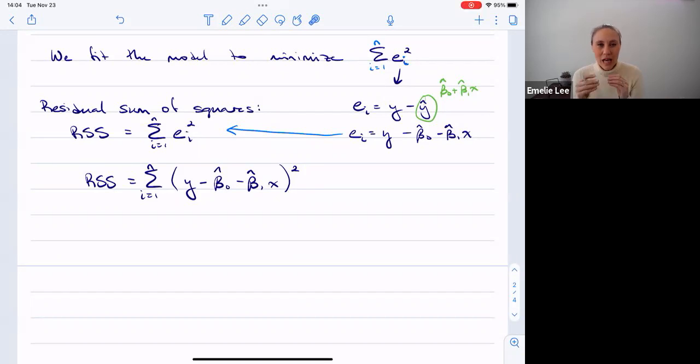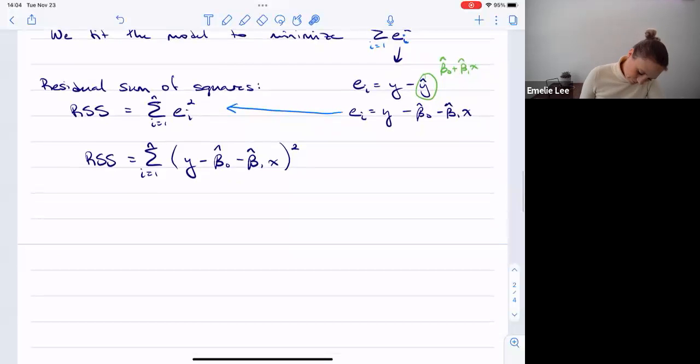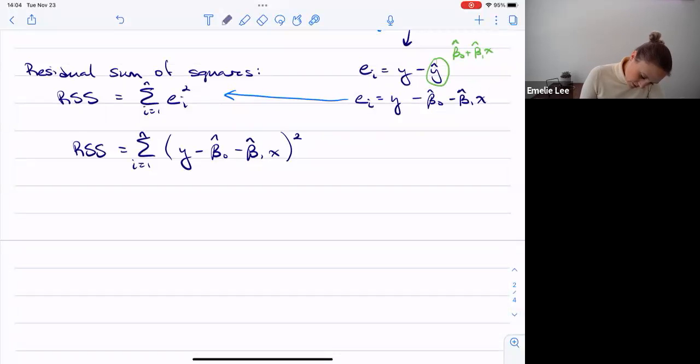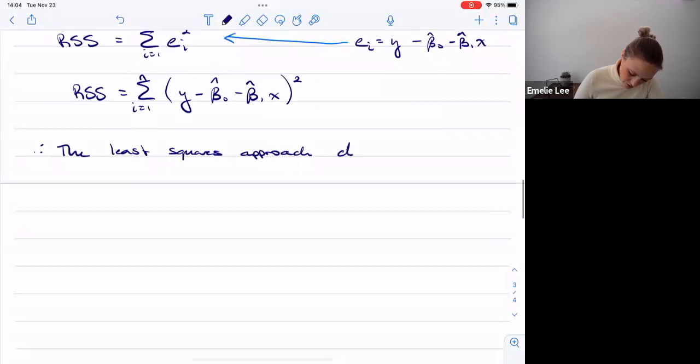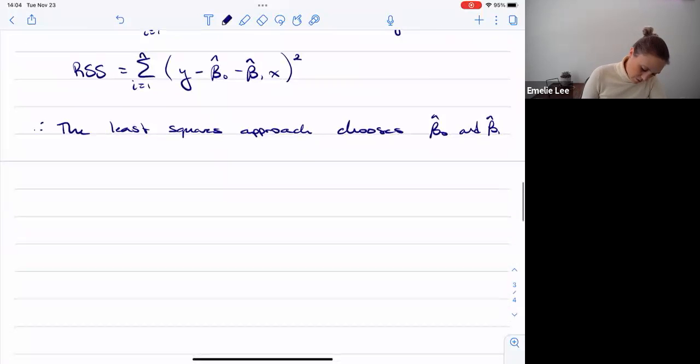The line that we land on, although there are arguably an infinite number of different ones, is the one that minimizes the RSS. Therefore, the least squares approach chooses beta naught hat and beta 1 hat to minimize the RSS.